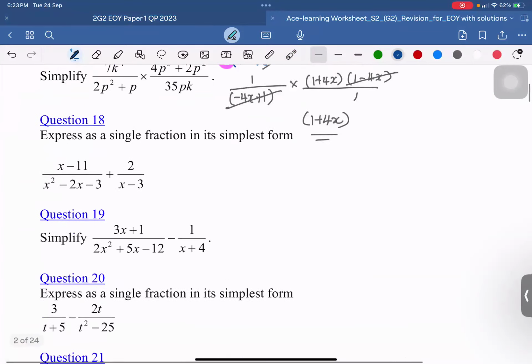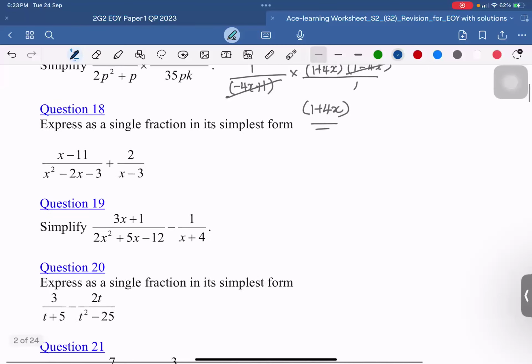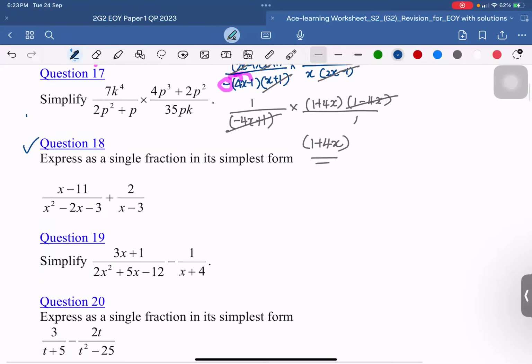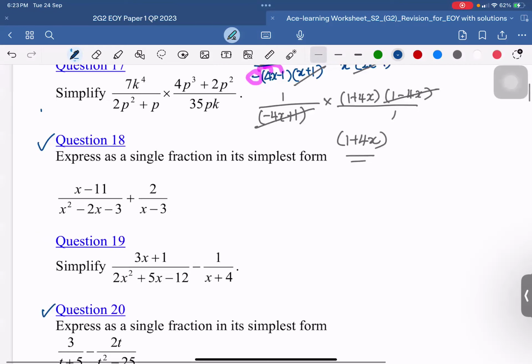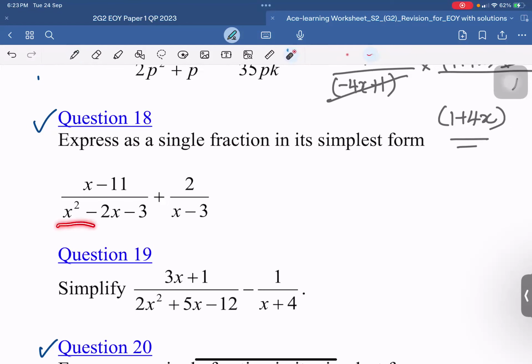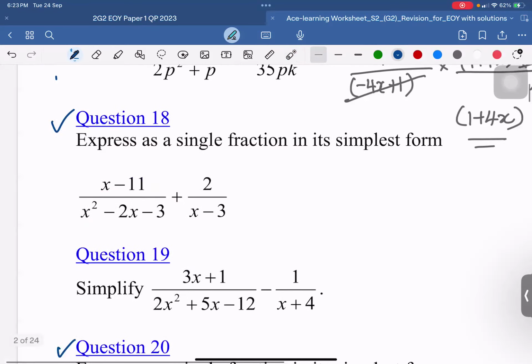Okay, so let me just do one more. I'll do question number 18 and number 20. I'll do just these two, highlight the main ones. Okay, first one. When we want to add these together, observe here got 3 terms. I must factorize it. 3 terms, how to factorize? Use what?